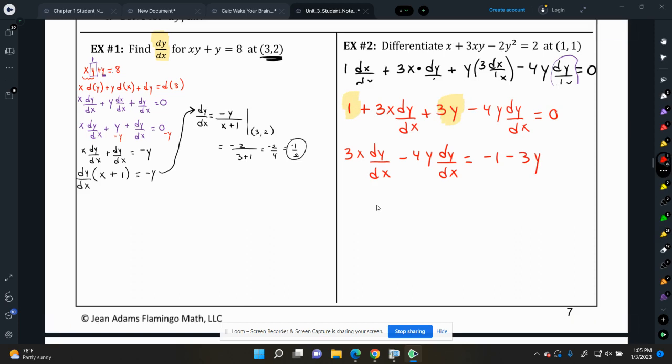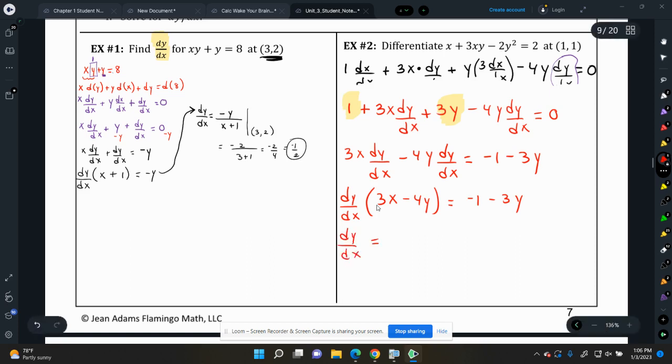We're taking the derivative the same way, it's just we have to add the notation in there. I'm trying to get that dy dx by itself. So dy dx, I'm going to factor that out: 3x minus 4y equals negative 1 minus 3y. Dy dx equals negative 1 minus 3y over 3x minus 4y.